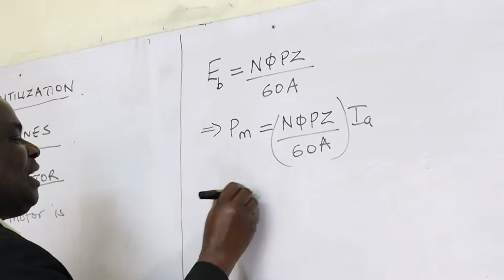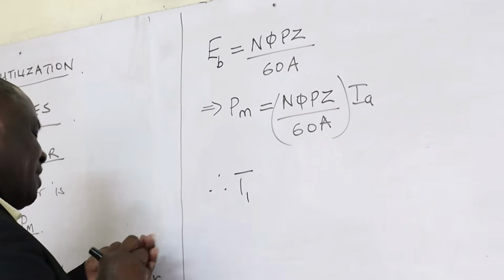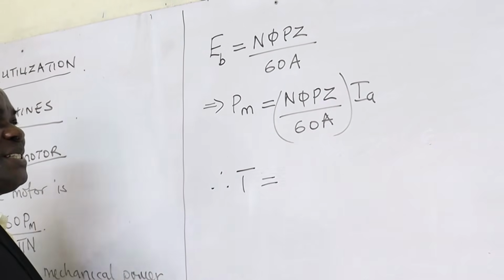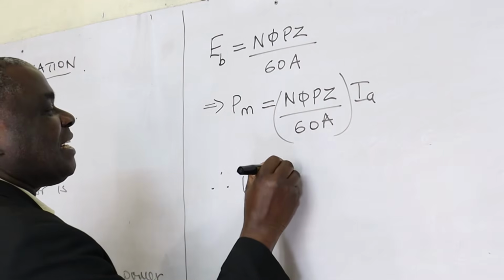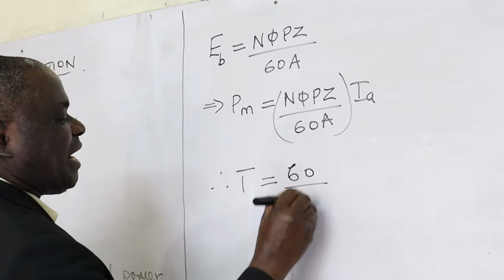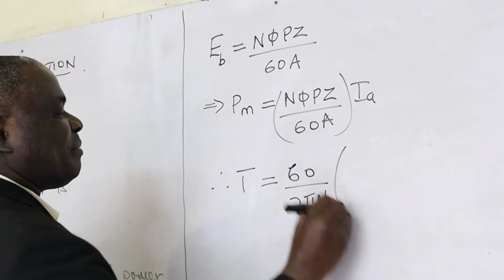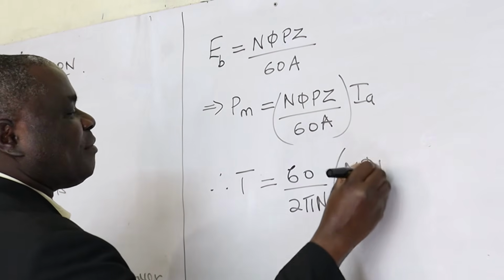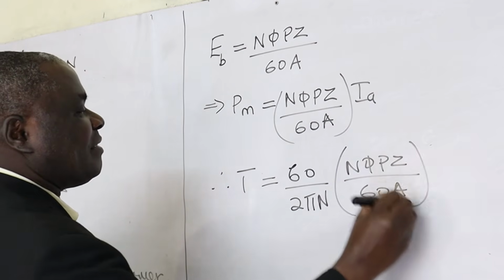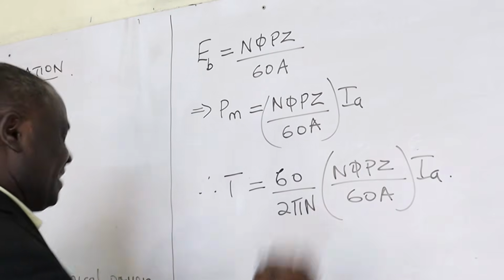Therefore T, which is torque, is given by 60 all over 2 pi N, now multiplying N phi PZ all over 60A, the whole of this multiplying IA.